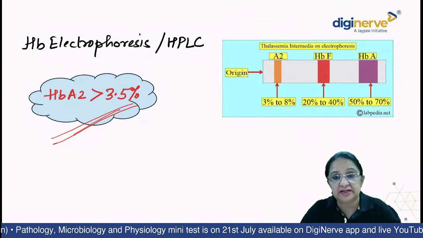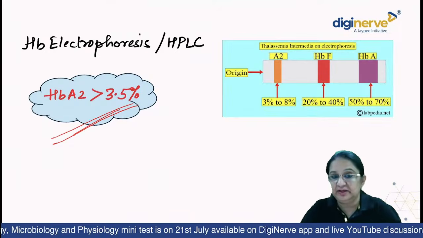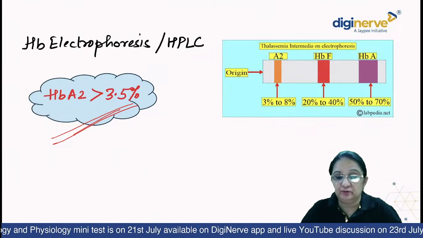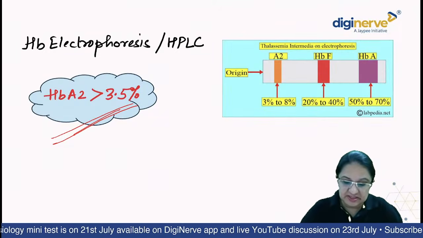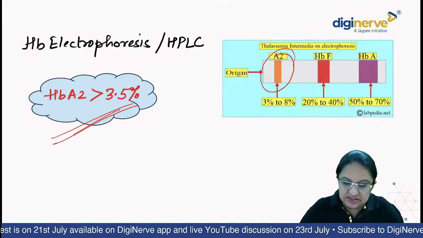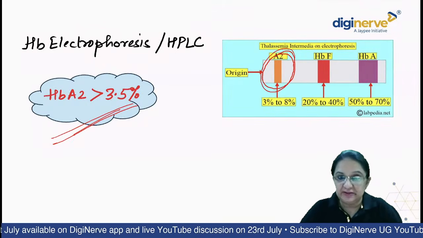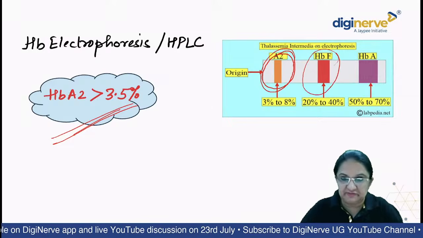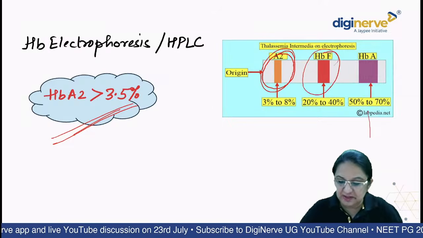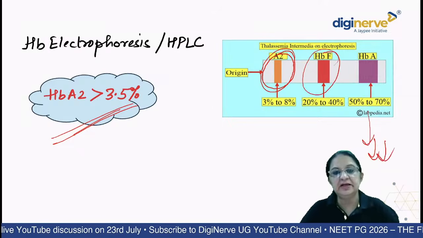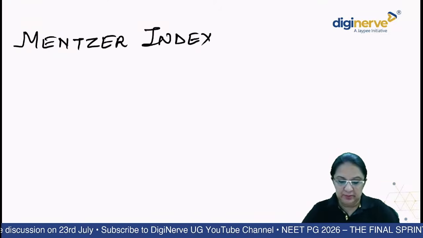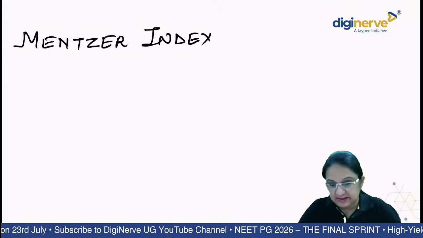Only in beta thalassemia minor or intermediate would your HbA2 be increased. Here in this HPLC, HbA2 is increased, HbF is definitely going to increase, but HbA would be markedly reduced.